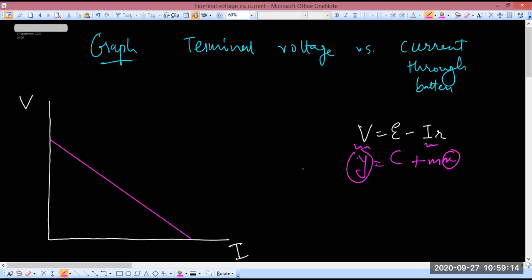Right? Okay, so this point should be epsilon. Agreed? I don't think anyone is surprised by that.